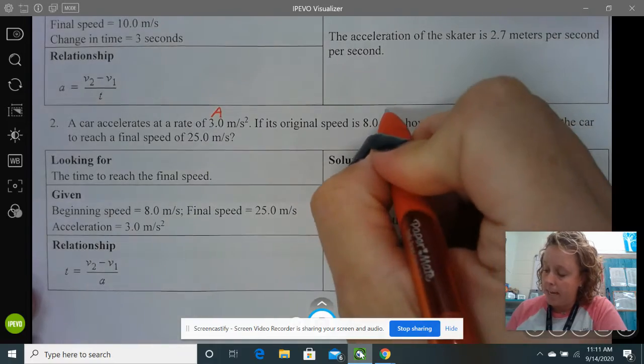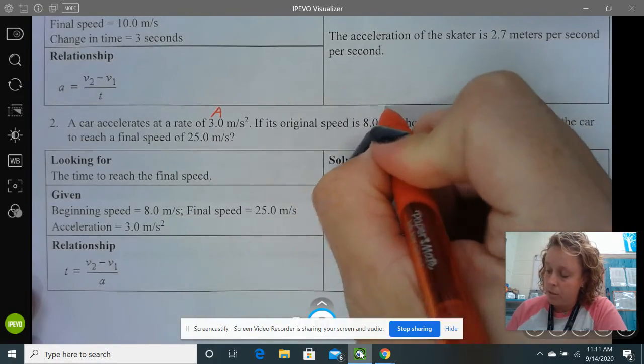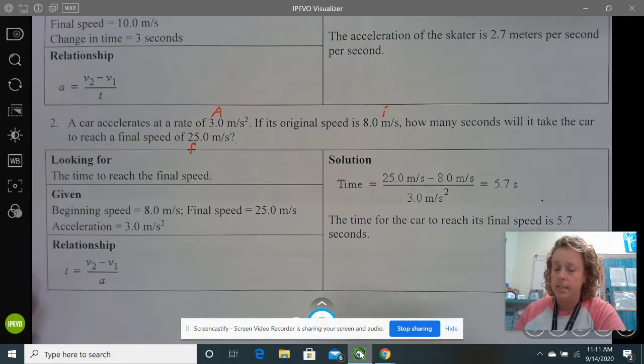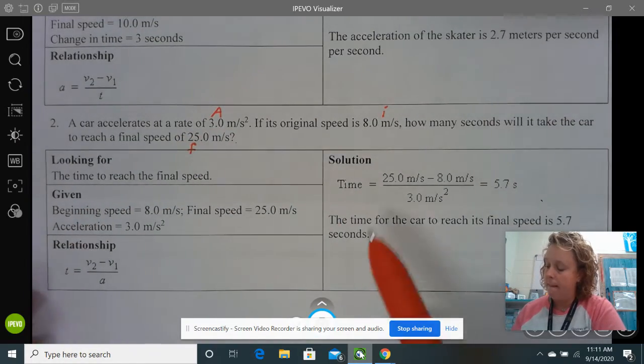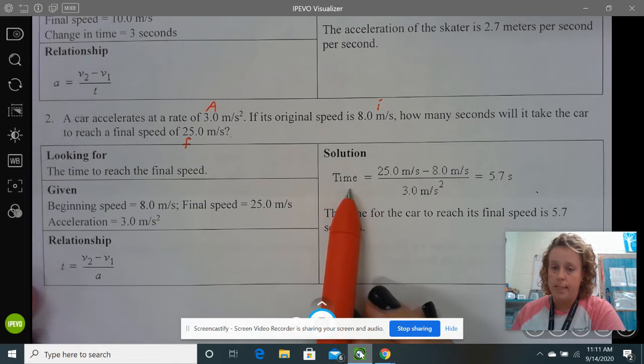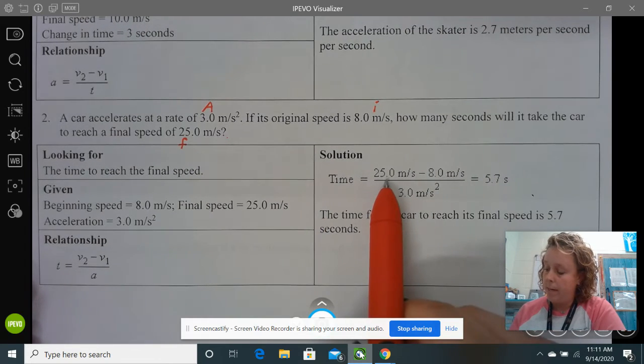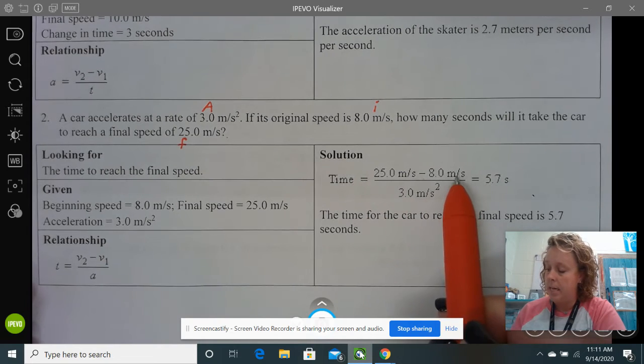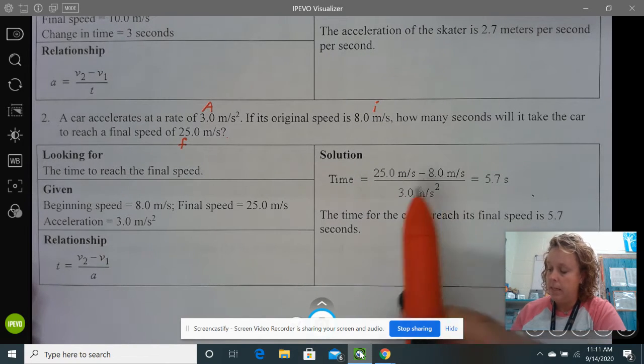So this will be initial speed, and this is final speed. Let's plug that stuff in. We are looking for the time. We are going to plug in the final speed minus the initial speed divided by the acceleration.